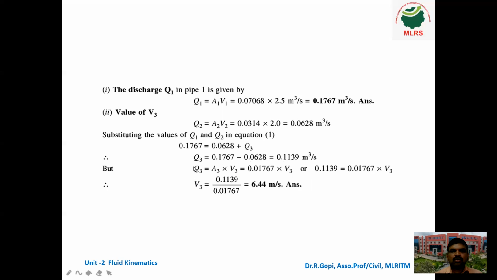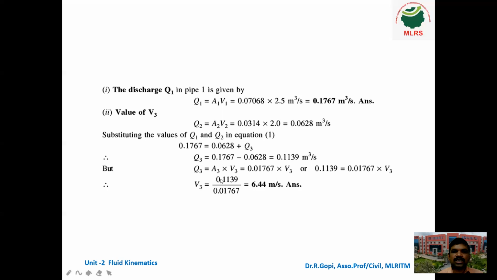Okay, so once you found the discharge in the pipe 3, we can easily calculate V3. What is the formula for discharge in the pipe 3? It is A3 into V3. A3 we know already, it is 0.01767 into V3. So from this Q3 and A3 we know, so we can easily calculate V3.